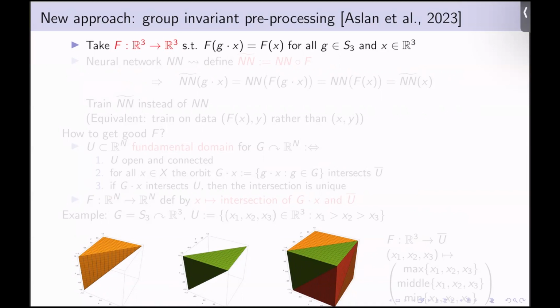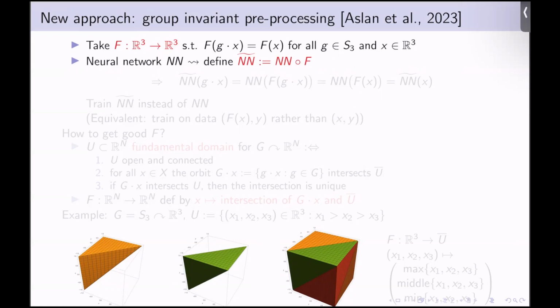But right now you could think of a very stupid F, for example, the 0 map. F which sends everything to 0 is perfectly group invariant. But you see already at this step, if you take the 0 map, it won't help you a lot, because what you want to do is the following. Again, you start with some neural network, NN, maybe not group invariant.